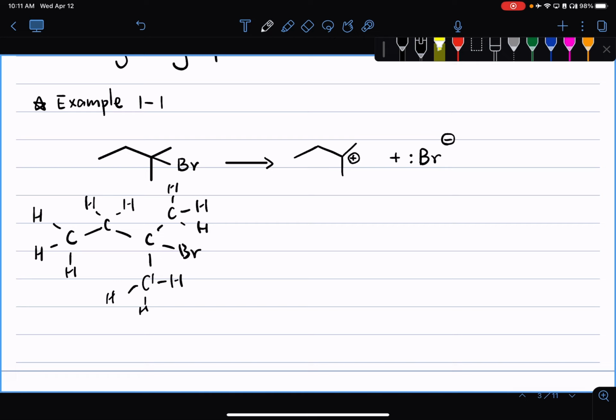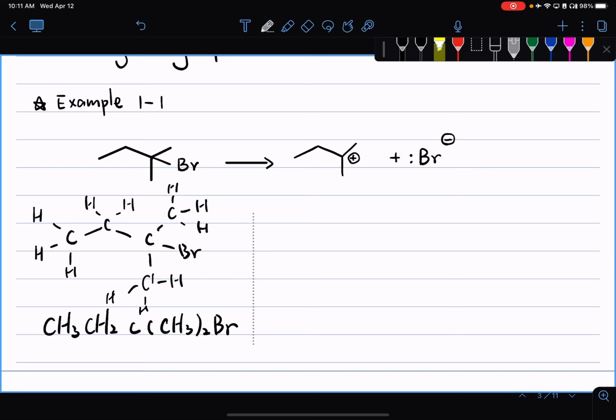So that's the Kekulé formula, or you can also write out the condensed formula. This is a quick review of what these formulas mean. CH3, CH2, carbon bonded to two CH3 groups and bromine. So that part is a quick review.